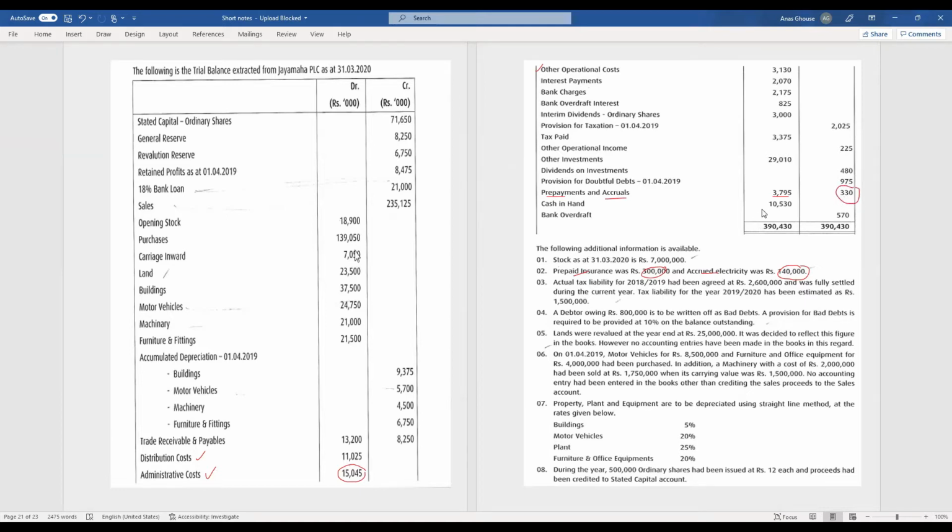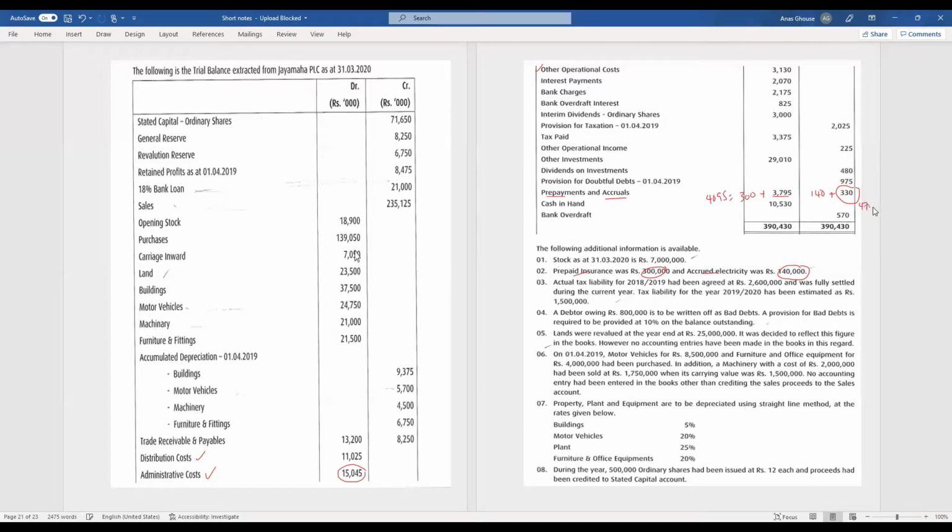So the prepaid insurance of 300,000 has to be added here, and the accrued electricity of 140, which is to be paid, you should add back here. Thereby your total prepayments will be 4,095, and the accruals will be 470.